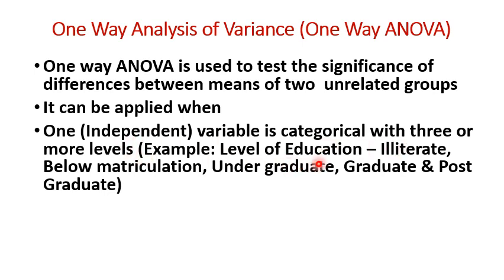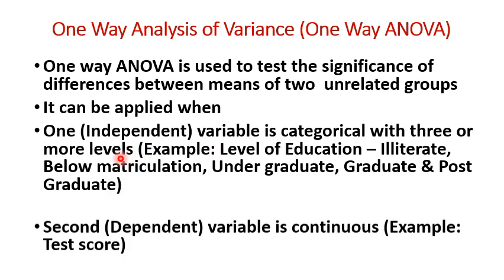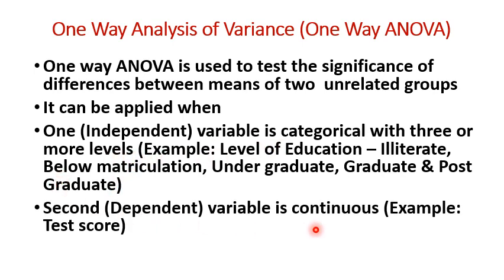For example, level of education. Level of education is a categorical variable with more than 3 levels. The levels are illiterate, below matriculation, undergraduate, graduate, postgraduate, etc. So, the first variable is categorical with 3 or more levels, and then the second or dependent variable is continuous. For example, test score. That means the mark obtained by students in an examination.